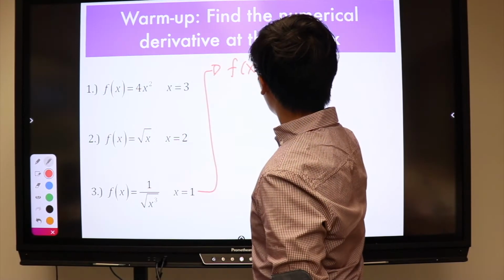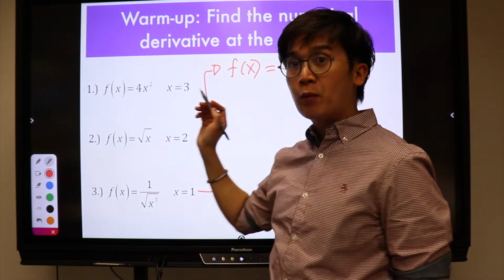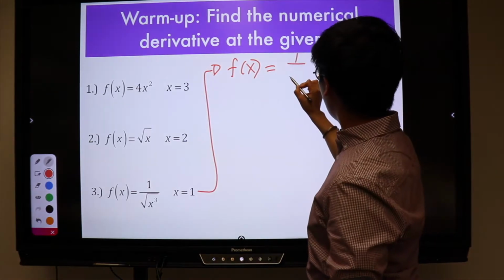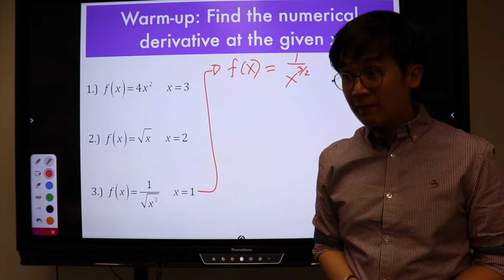Your f of x and your f prime of x. So this will turn into, I'll change it into rational exponent, 1 all over x raised to 3 over 2, right?